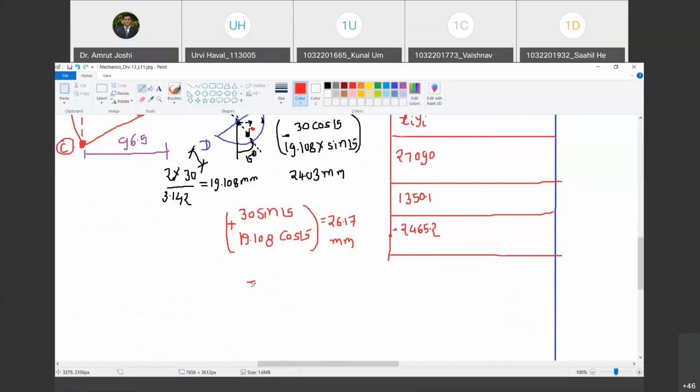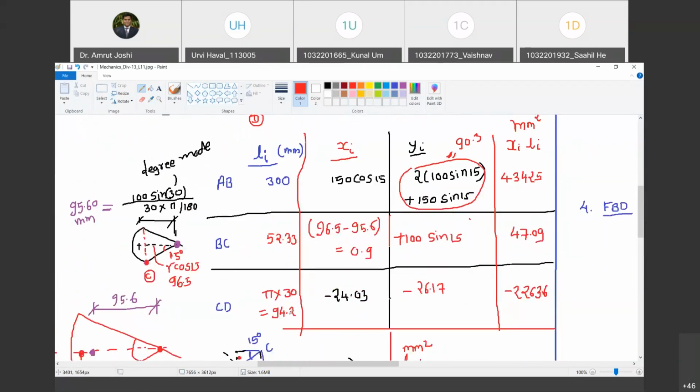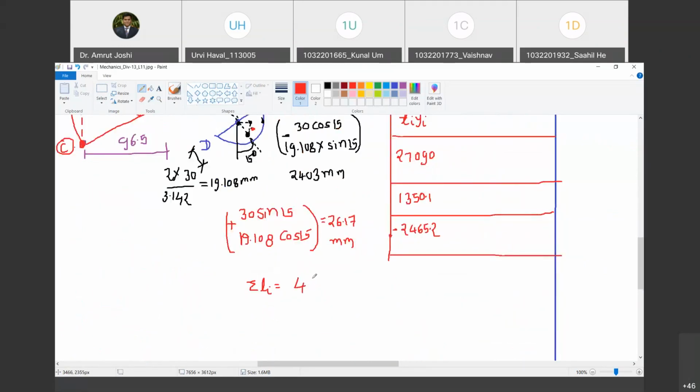Now let us do summation li. Add 300 plus 52.33 plus 94.2. How much is that? 446.53.